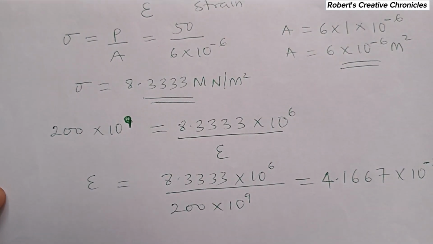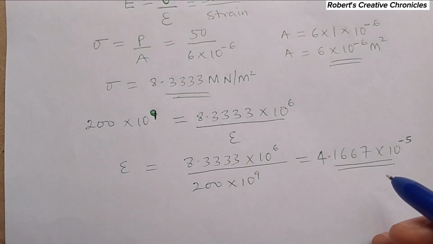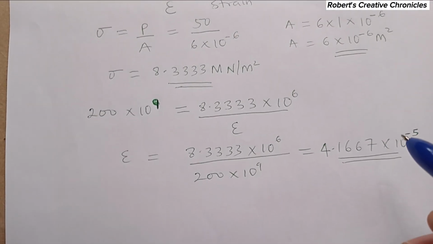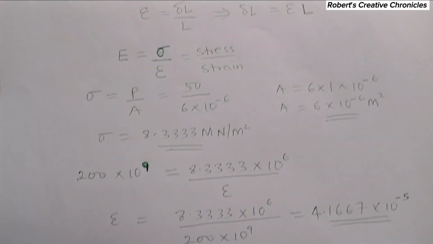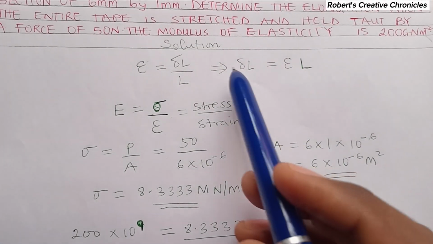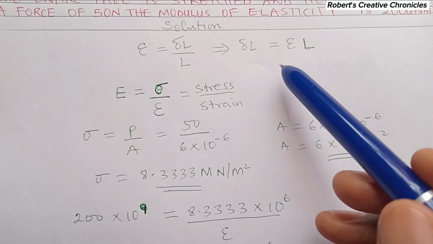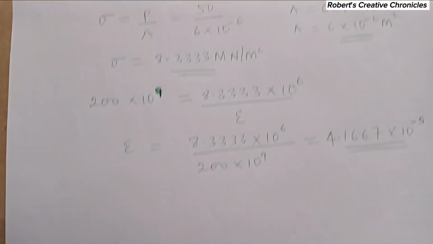And you know that strain has no unit since it's a ratio of two lengths. Then we can now substitute this in the first equation to find the elongation, which was asked in the question. Now, change in length, which is the elongation, is strain times the original length.